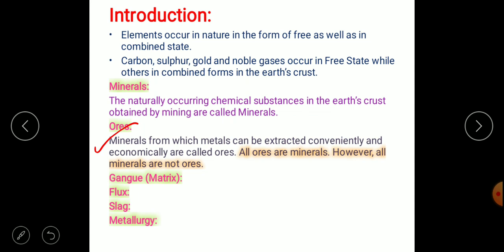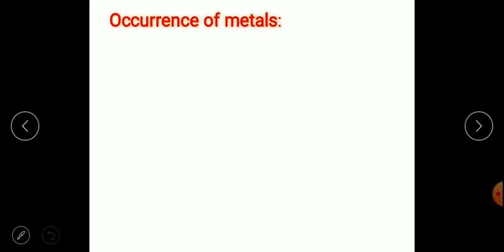And the term metallurgy, you can give this chapter the name metallurgy also. Metallurgy means the entire scientific and technological process used for the isolation of the metal from its ore. In order to extract the metals from their ore, we use this technique called metallurgy. This is the introduction of this chapter.